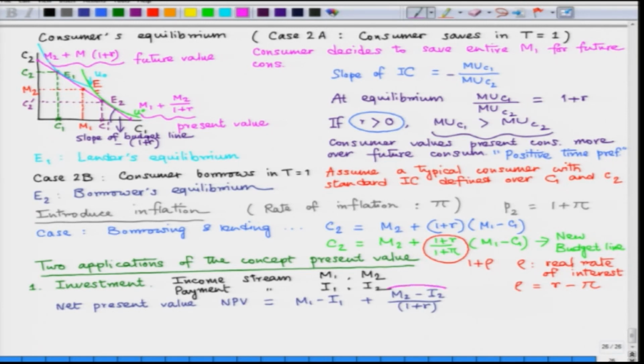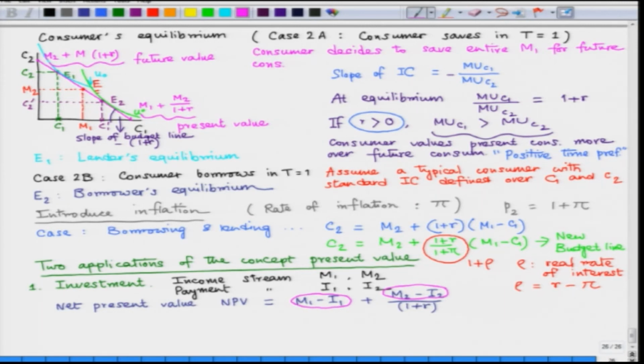So, this M1 minus I1 and M2 minus I2 are basically the net cash flows, and we are looking for the present value of the net cash flows that is coming to the consumer. And how does a consumer decide whether to go for the investment or not?